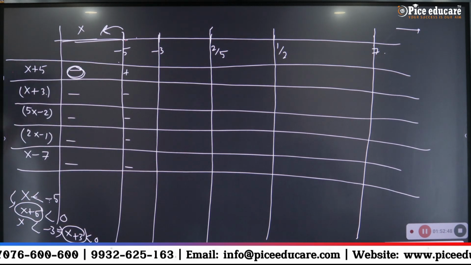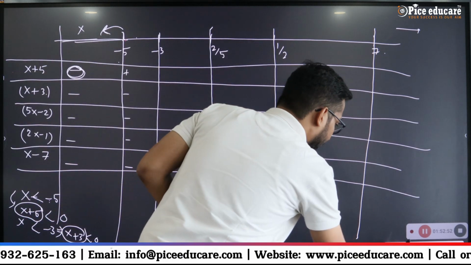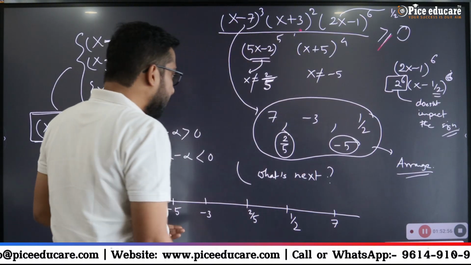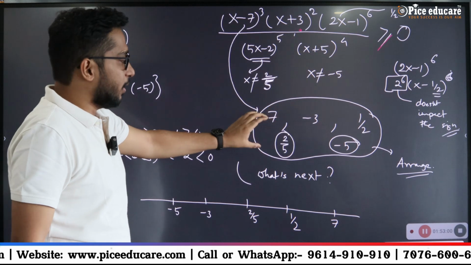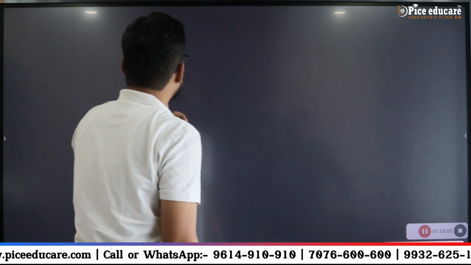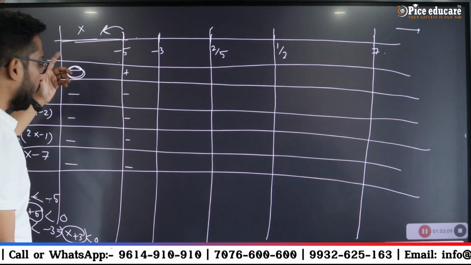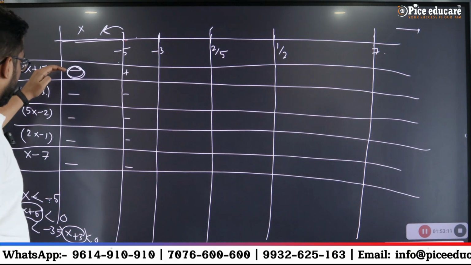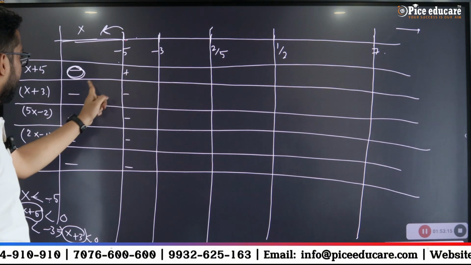So the actual benefit of arranging these numbers: with time, with practice, you don't need to actually rearrange them, but when you are learning it for the first time, arranging these numbers in a particular increasing order has this benefit that you can fill this chart very quickly. First it is all minus, in the next column it is only plus here.